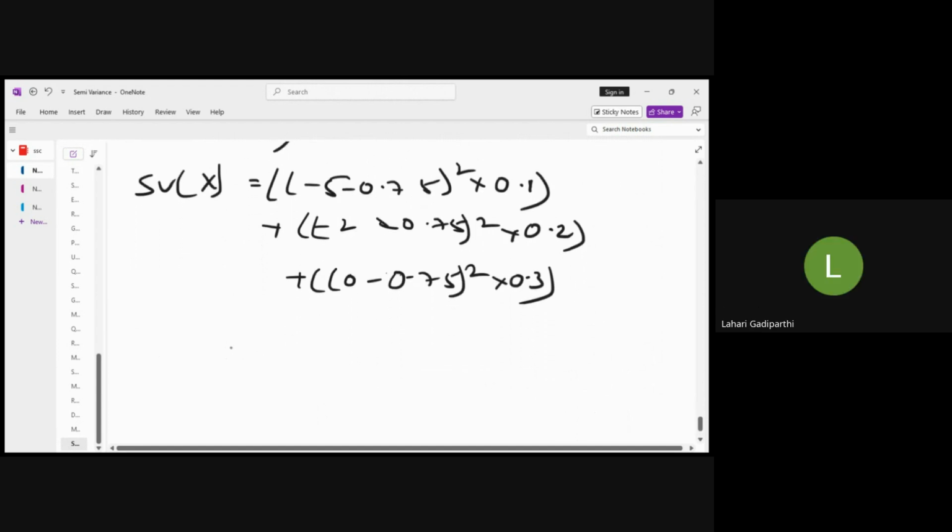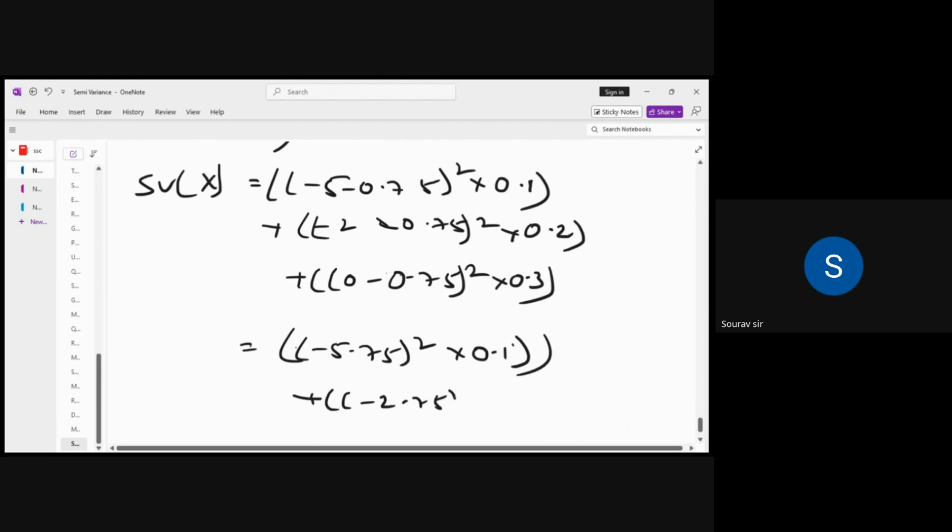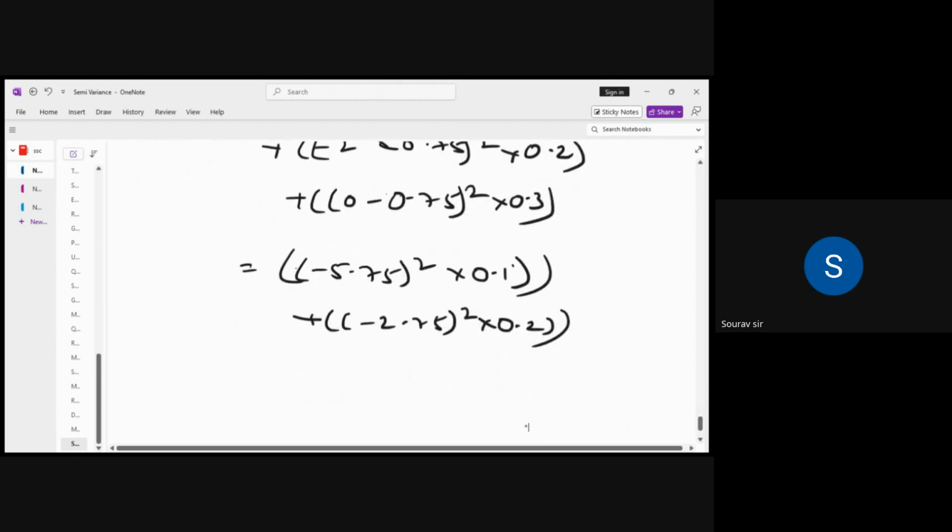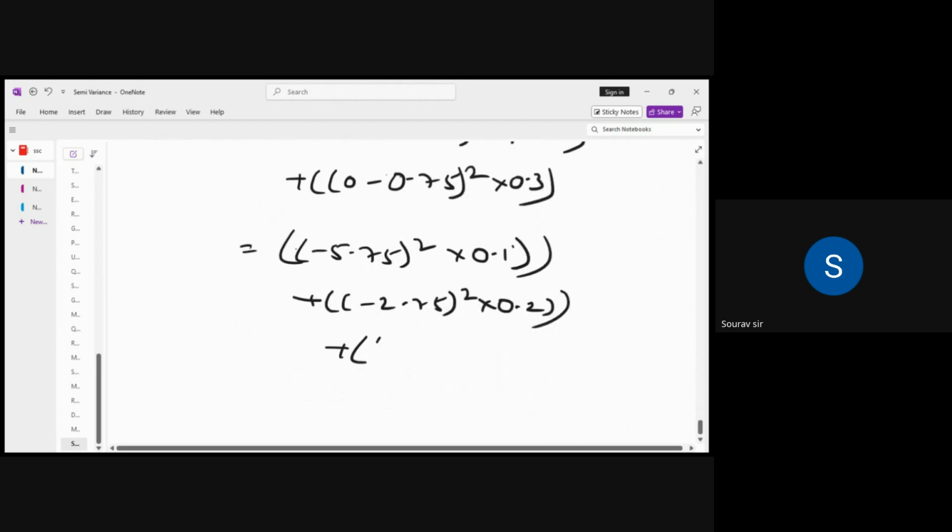So it will come: minus 5.75 squared multiplied by 0.1 plus minus 2.75 squared multiplied by 0.2 plus minus 0.75 squared multiplied by 0.3.